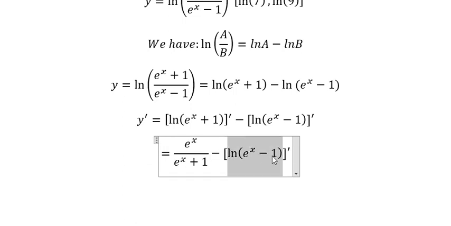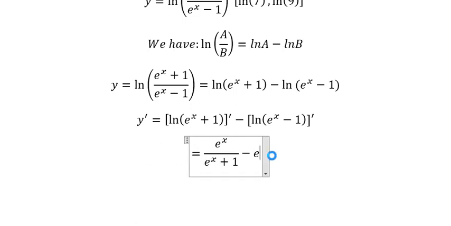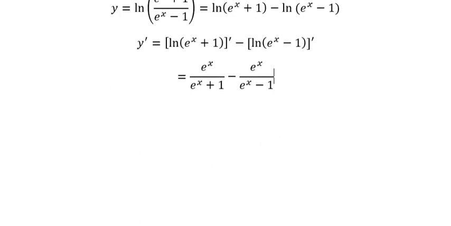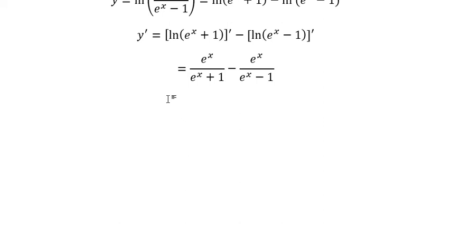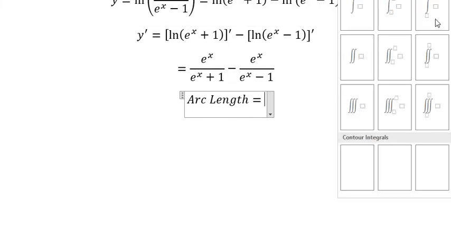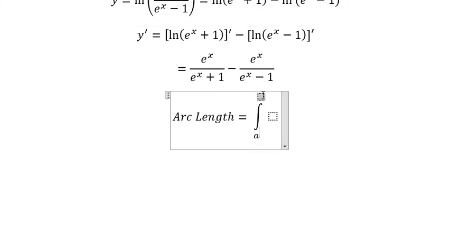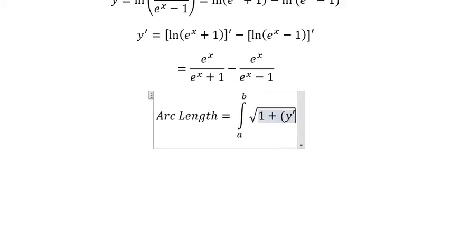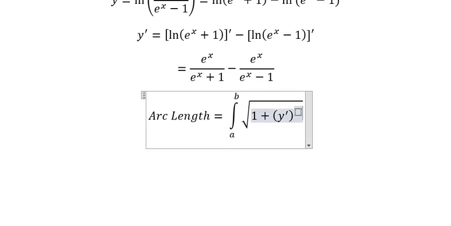This one we have e to the power of s over e to the power of s minus 1. Next, we can apply the formula of the arc length. So we have the integration from a to b, and we have the square root of 1 plus the first derivative of y to the power of 2, and we put ds.